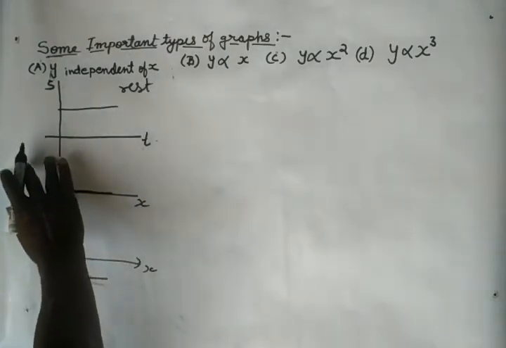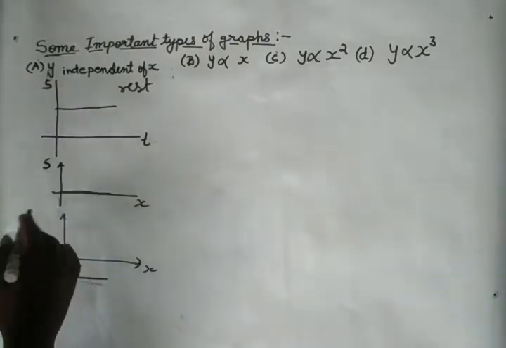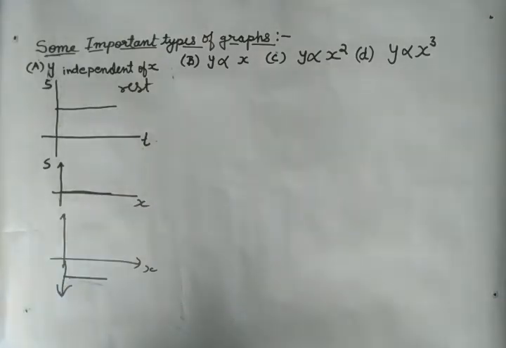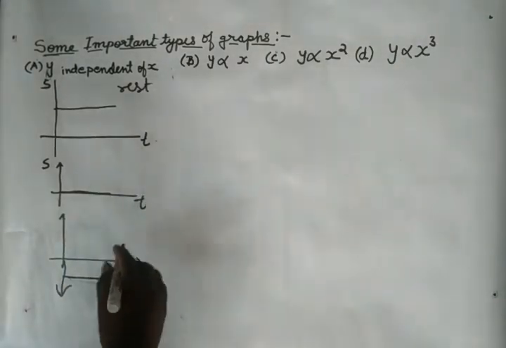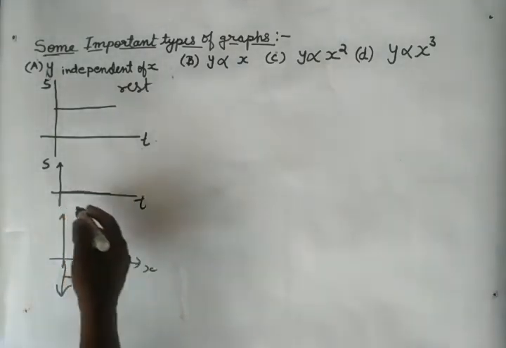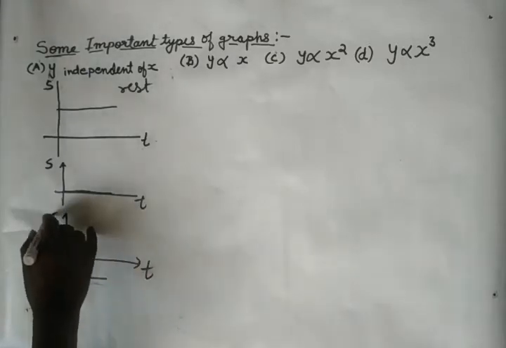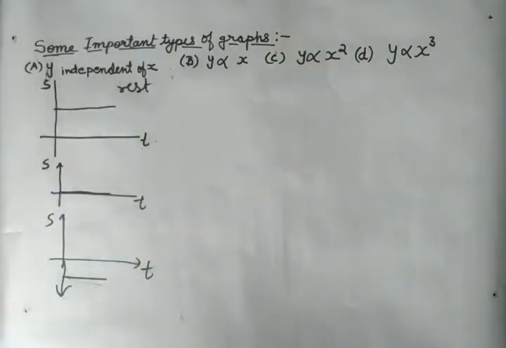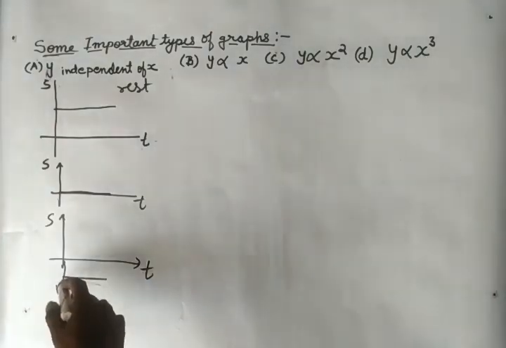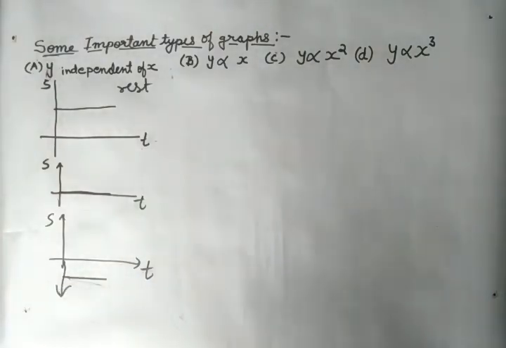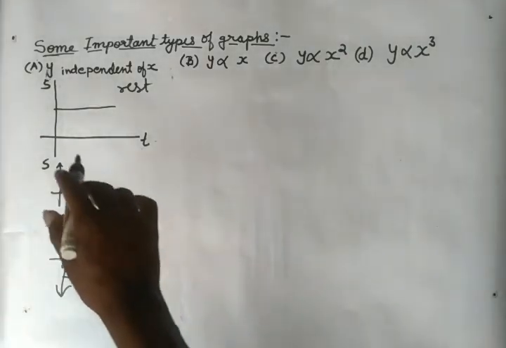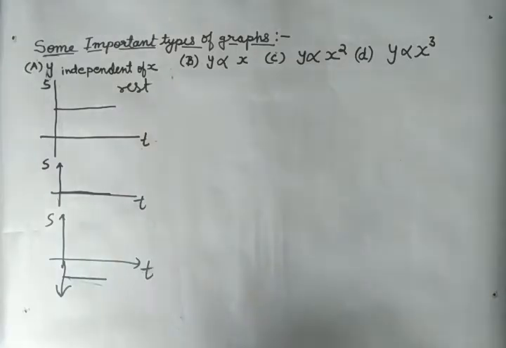And if it was at the origin, I mean it was initially at 0 distance from our point of observation, then with change in time it will remain at 0 position. In the same way, if with reference to our reference point it was at a negative position, it will remain at that negative position. This is for rest position, stationary position.